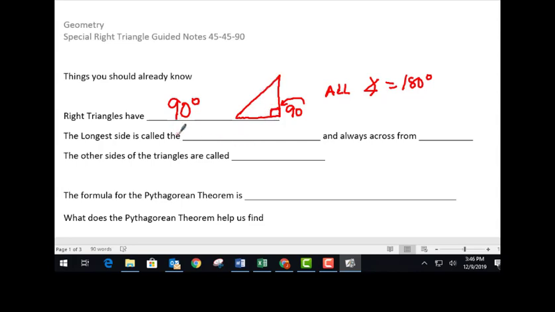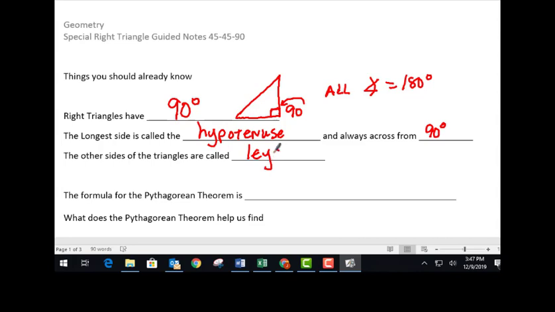We know the longest side of a triangle is always called the hypotenuse. That's the longest side of the triangle, and it is always across from the 90-degree angle. The other sides of the triangle can be called legs.